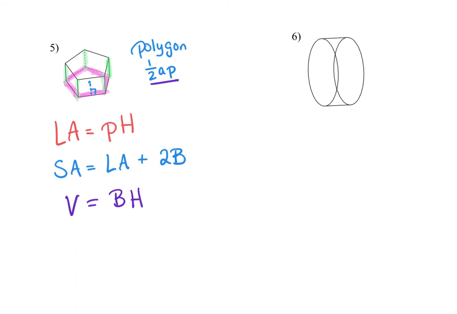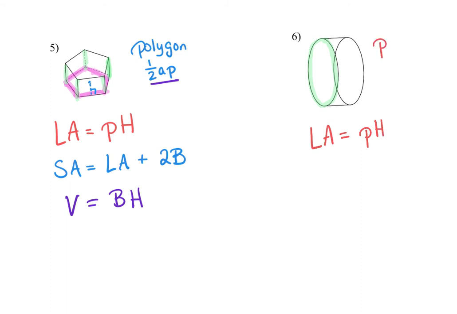The last type of prism type figure is a cylinder. A cylinder is really the same thing, except your base is a circle. Honestly, it is still perimeter times height.